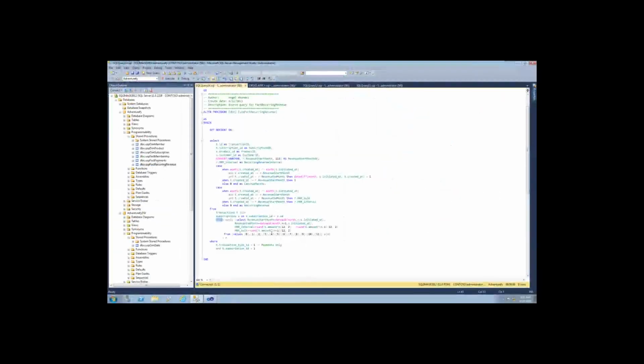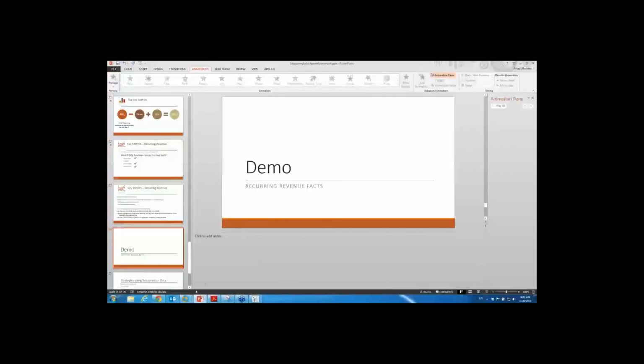But I did not use a numbers table because I do not have subscriptions of varying length. So this is just one way to do it, and I'm sure you guys out there have probably already developed methods to do this, and I'd be very interested to learn how you applied this at your companies.